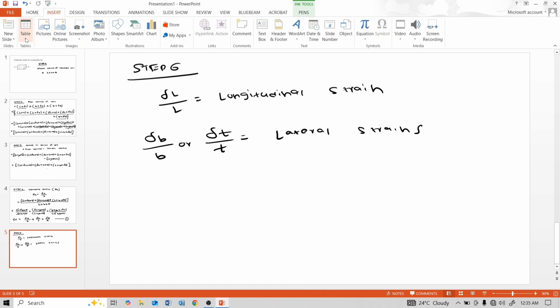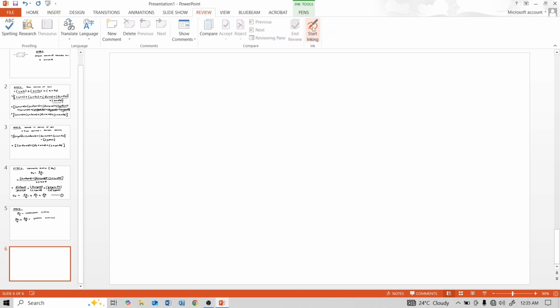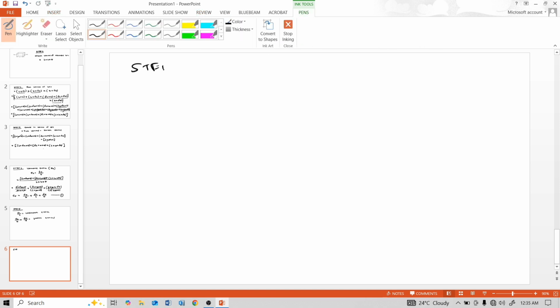Now in step 7, calculate lateral strain. Lateral strain equation. For this lateral strain, first consider Poisson's ratio. Poisson's ratio is denoted by mu, and Poisson's ratio is equal to lateral strain to the longitudinal strain.